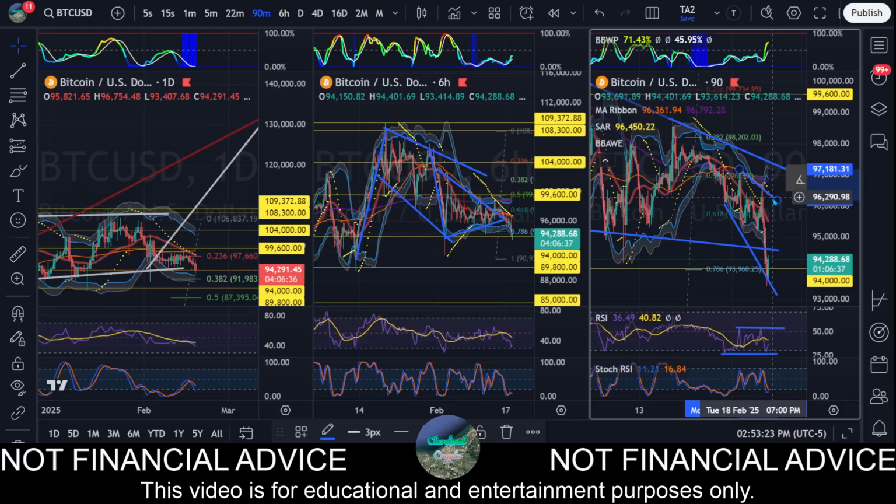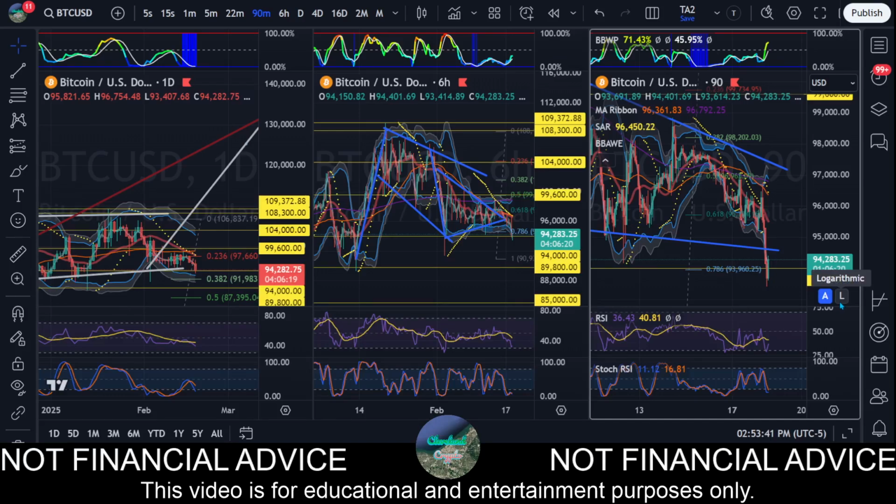That kind of cancels out that bullish div. So we're seeing a bearish and a bullish div, so we'll just cancel them out, because we can't say that one is showing more than the other when they're both there. So let's watch and see what happens.